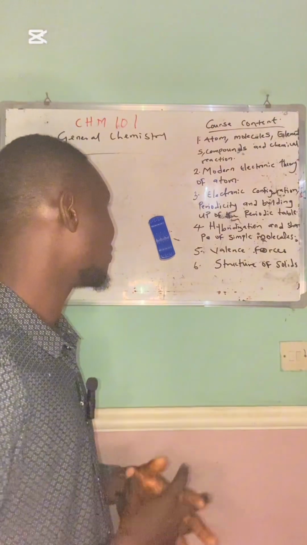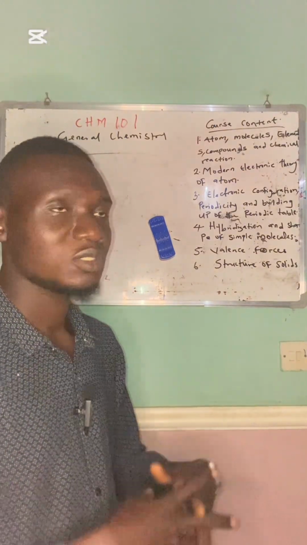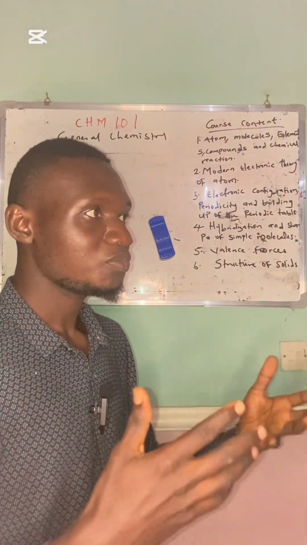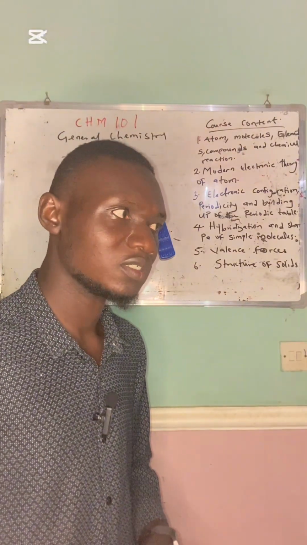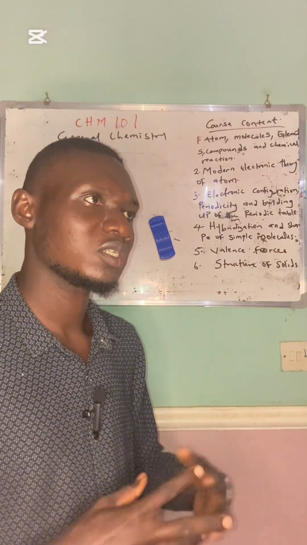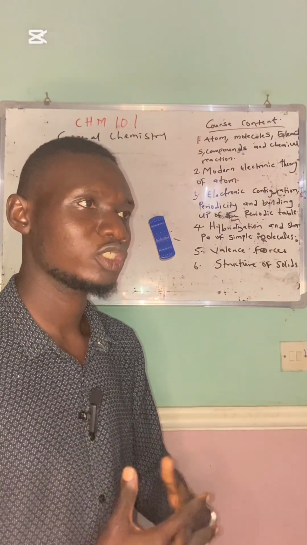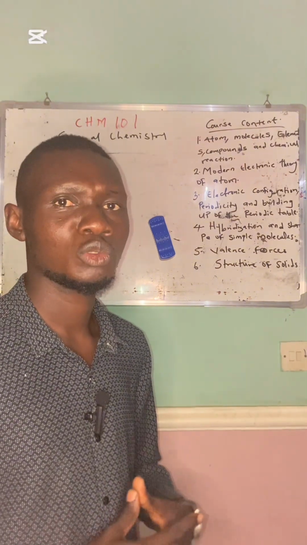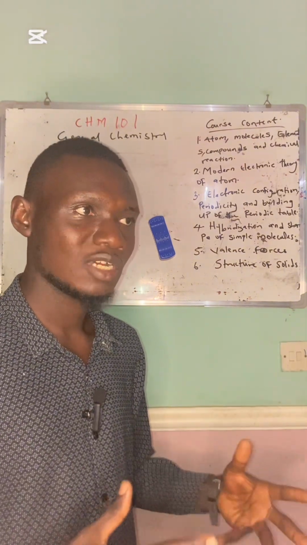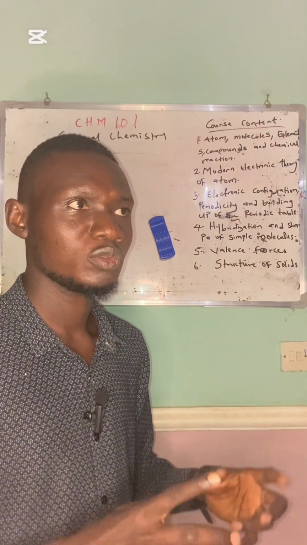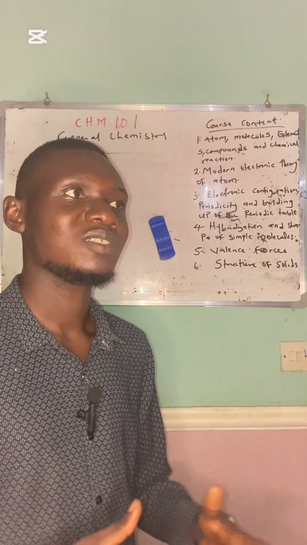And then we have electronic configuration. We'll be talking about the build-up of electrons in atoms, and the arrangement of these electrons in an atom, with certain principles and rules that allow us to understand clearly what happens with these electrons.